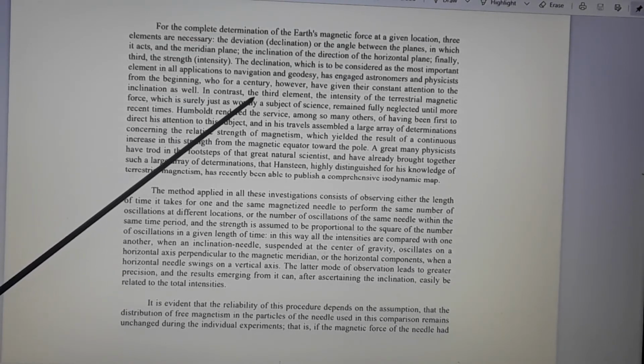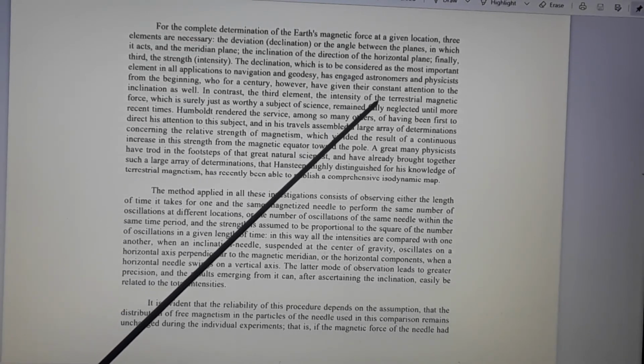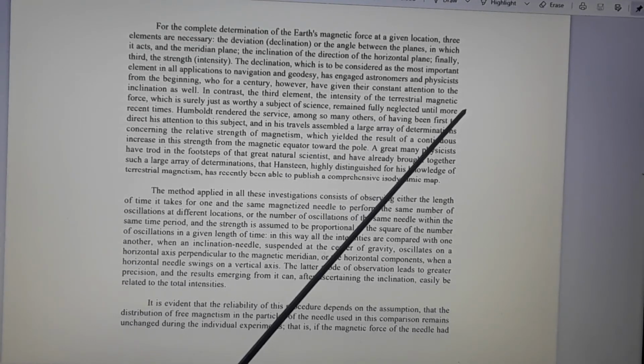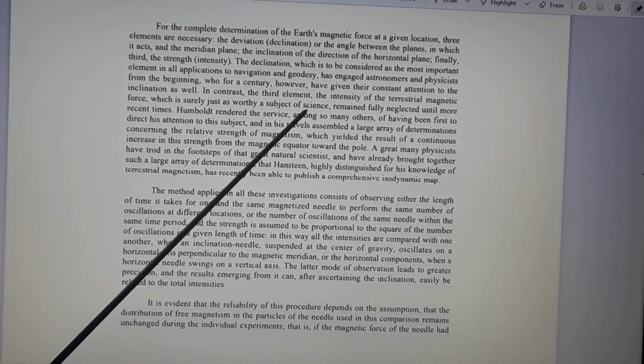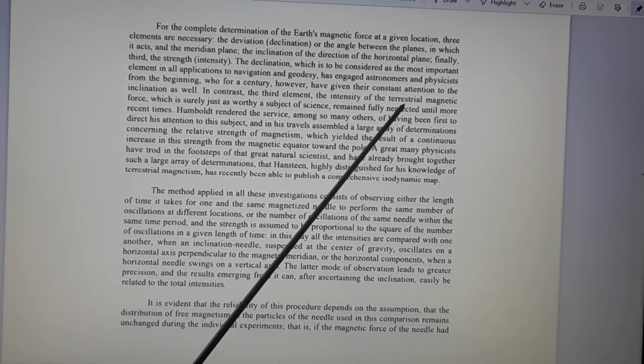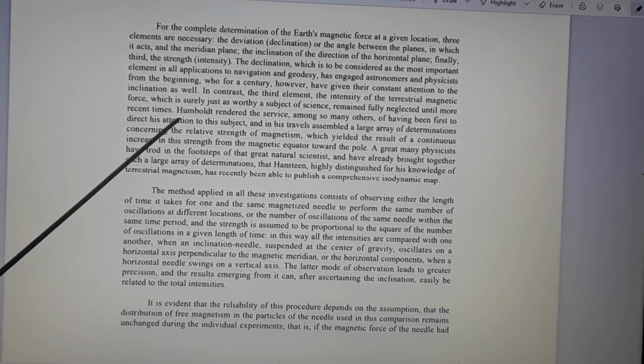In contrast, the third element, the intensity of the terrestrial magnetic force, which is surely just as worthy a subject of science, remained fully neglected until more recent times.